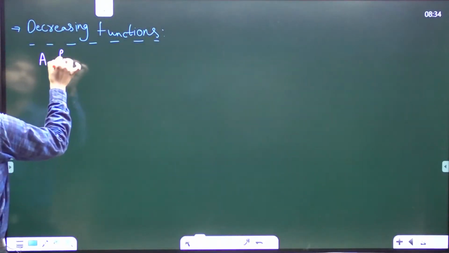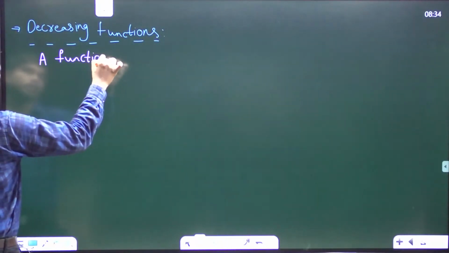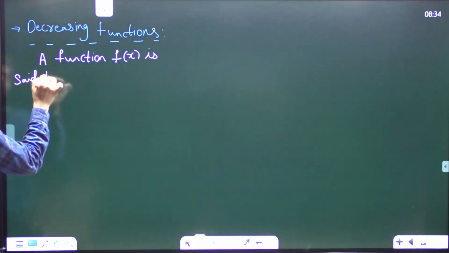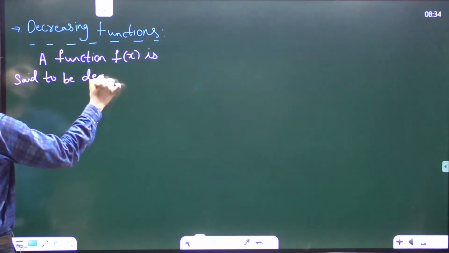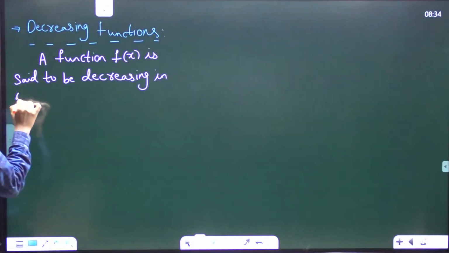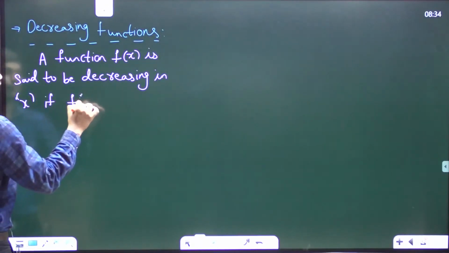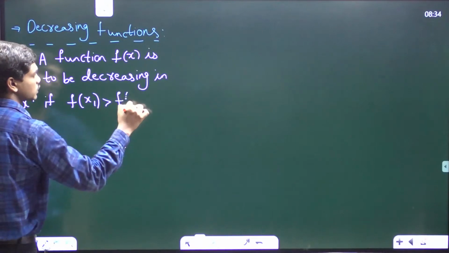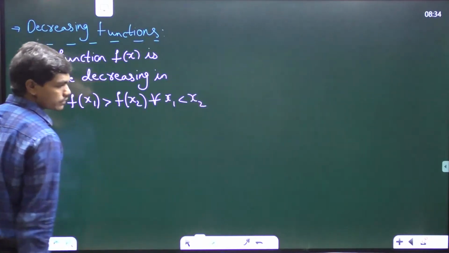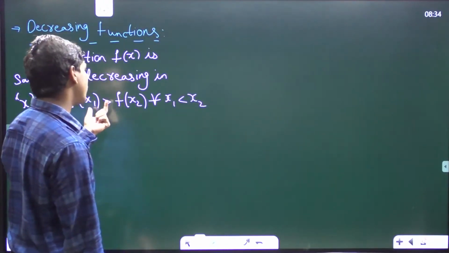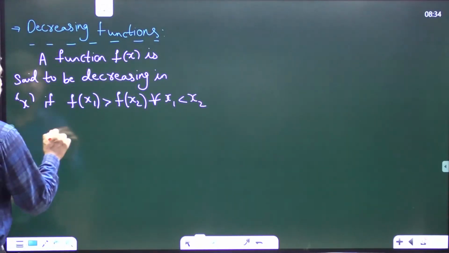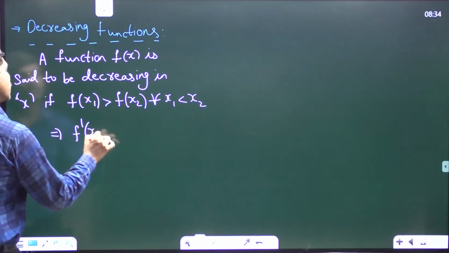A function f of x is said to be decreasing in x if f of x1 is greater than f of x2 for all x1 less than x2. Or you could write it in other way also. If f of x1 is less than f of x2 when x1 is greater than x2. That's the obvious sense that makes it. So this implies f dash of x is less than 0.